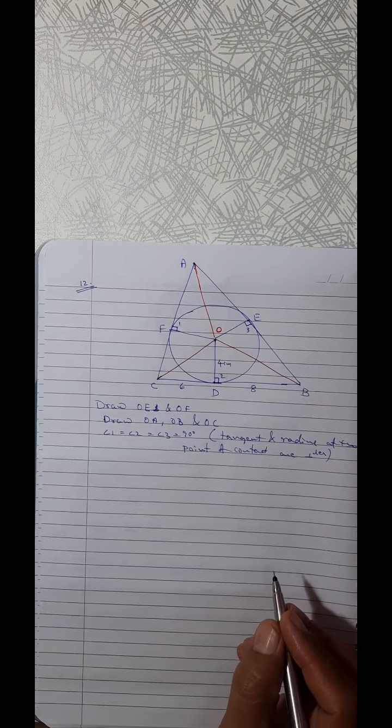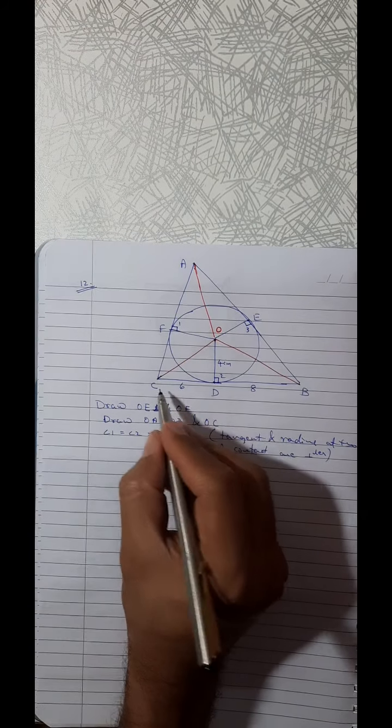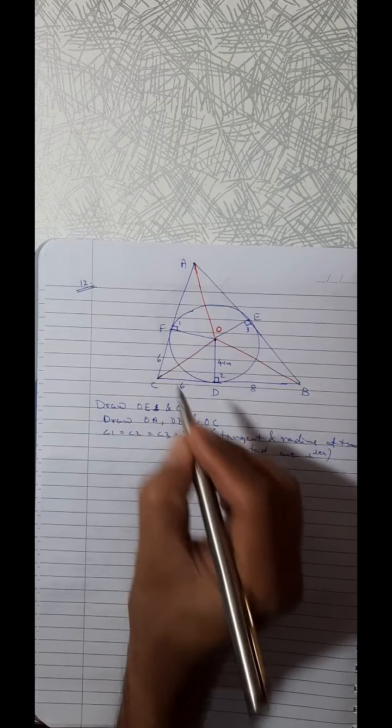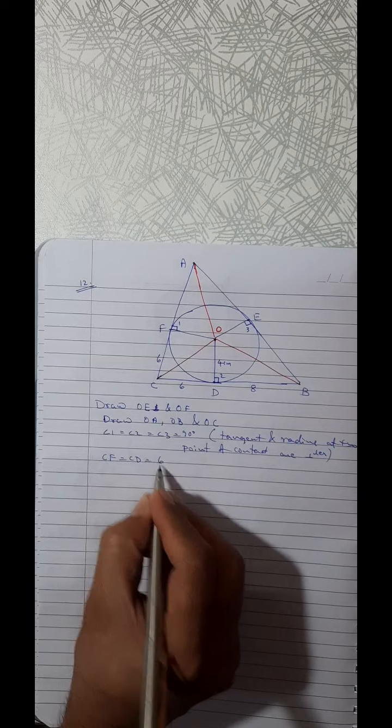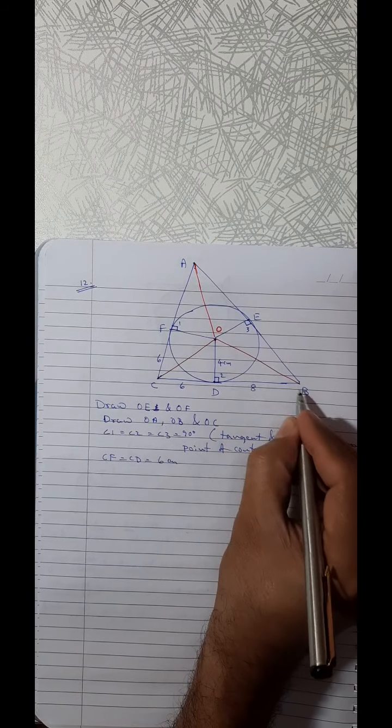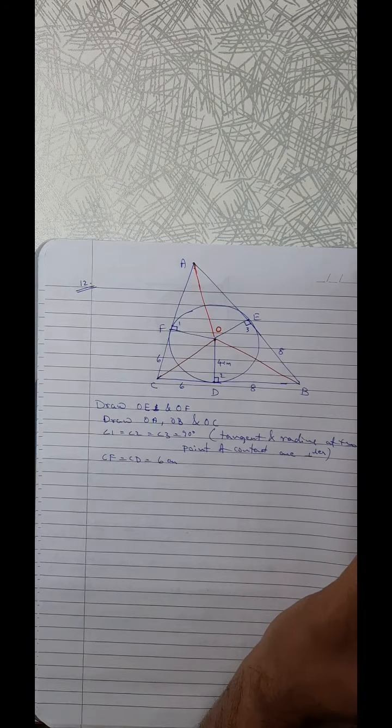One more thing to write: CD is 6, so CF is also 6. CF equals CD equals 6.